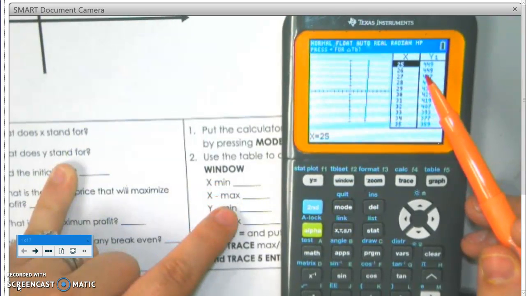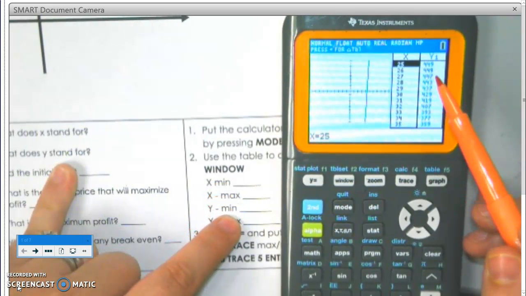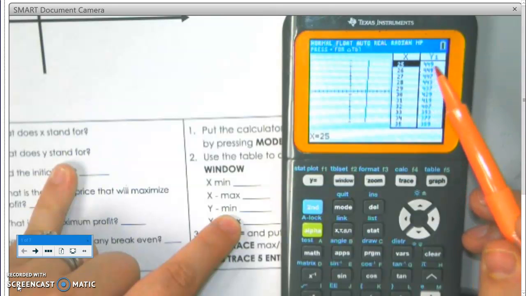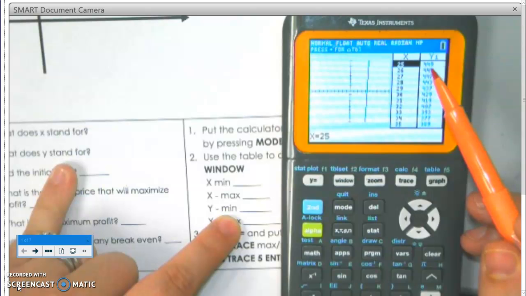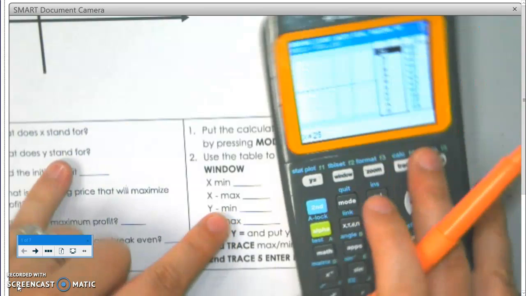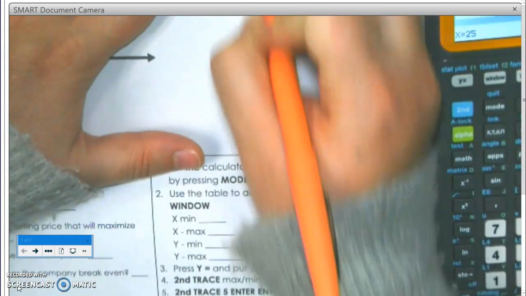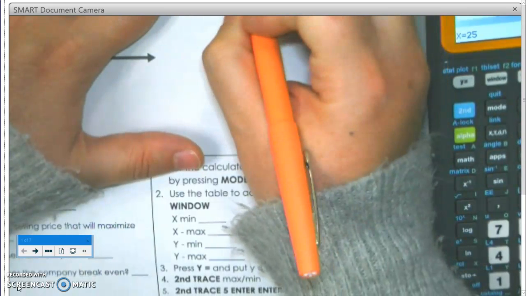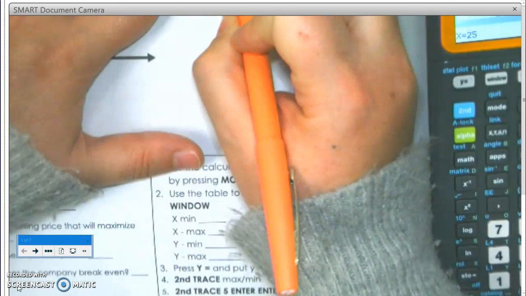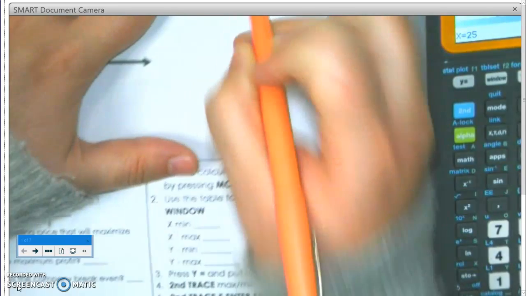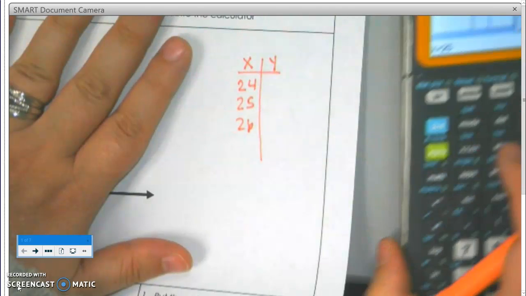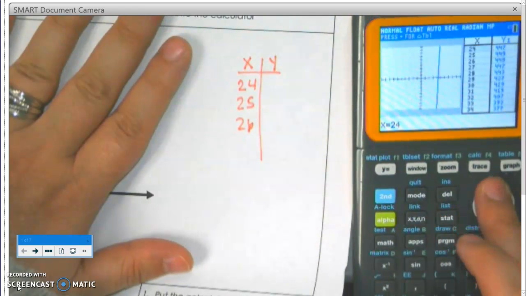And then my y max, 450 is the highest number I see on my table, so I'm going to want to pick something a little bit bigger than that. I'm going to write this down so I don't have to keep going back and forth: 24, 25, and 26. I'm going to copy those three down.